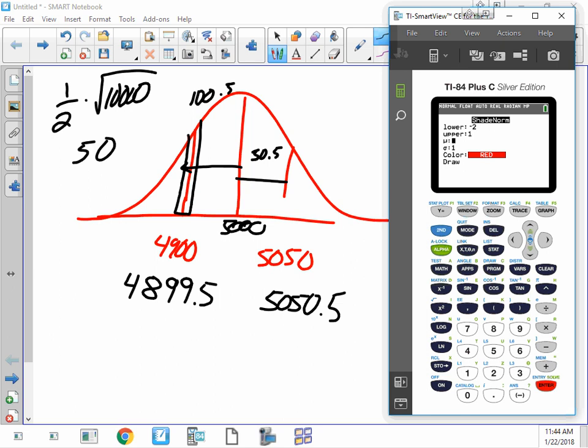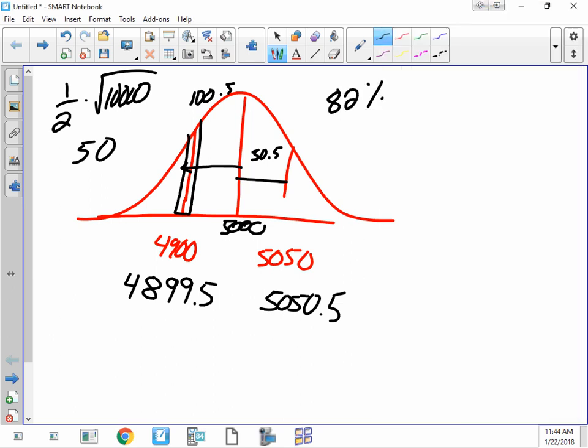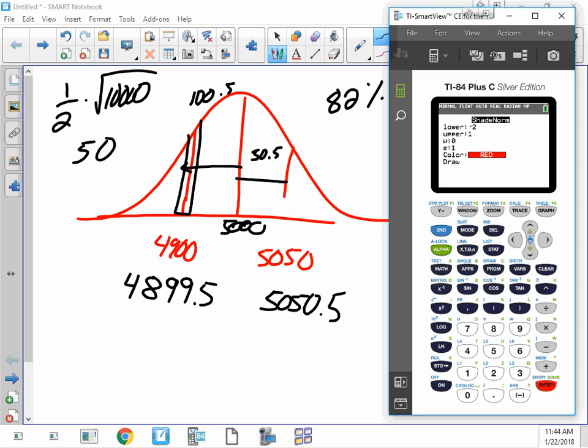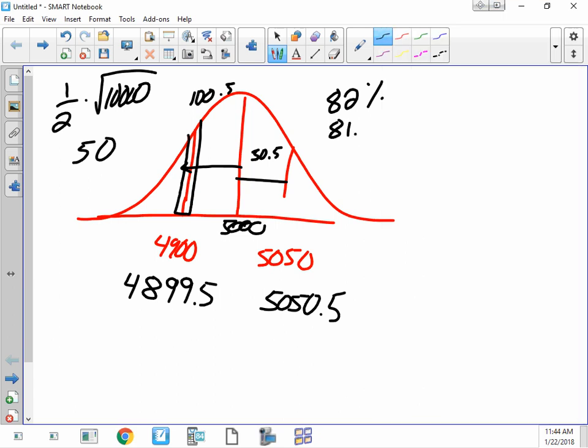So I was at 82%, and now I'm at 81.8. Does it matter? No, because these numbers aren't perfect anyway. Yeah. Okay.